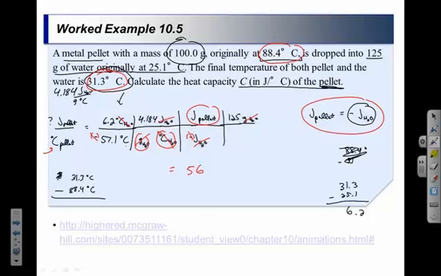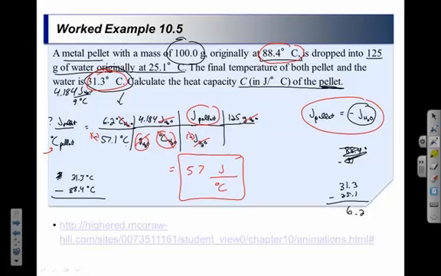And I really only have 2 sig figs, so I have to round that to 57 joules per degree Celsius for the pellet. So that is the heat capacity for that particular pellet. That's the number of joules of energy the pellet must exchange with the surroundings in order for its temperature to change by 1 degree, which is what the question was asking me for. Heat capacity.